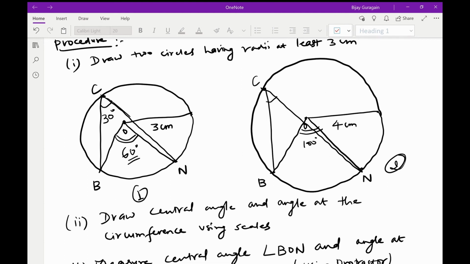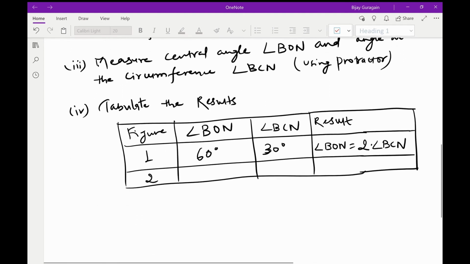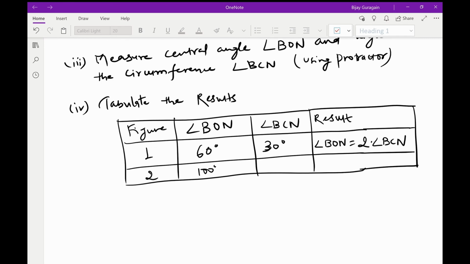Whenever you use protractor again to measure the angle BCN, you should get 50 degree as its measurement. So our central angle is here 100 and our circumference angle is 50 degree. This we obtained from measurements using protractor. Here also we'll get the result as angle BON is 2 times angle BCN.